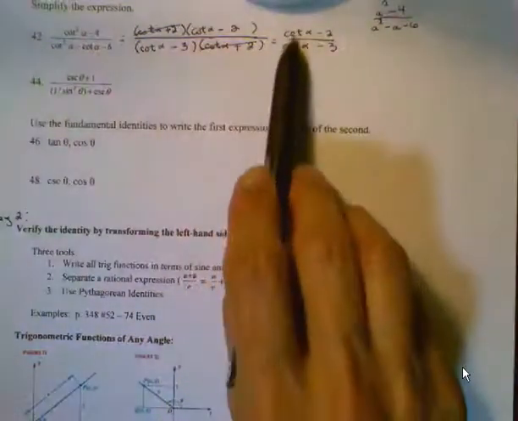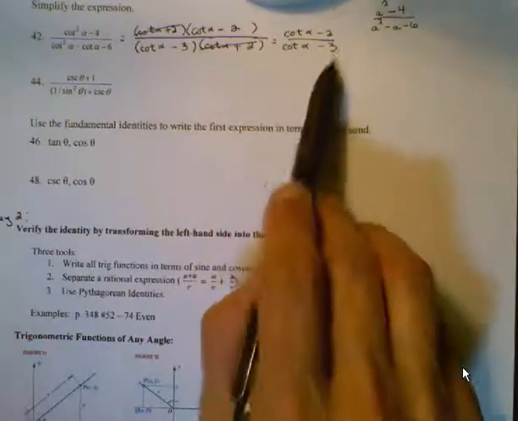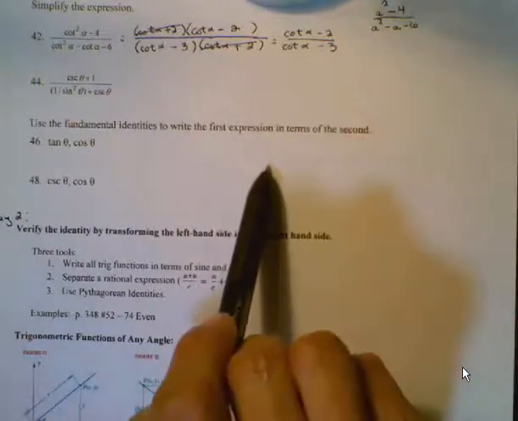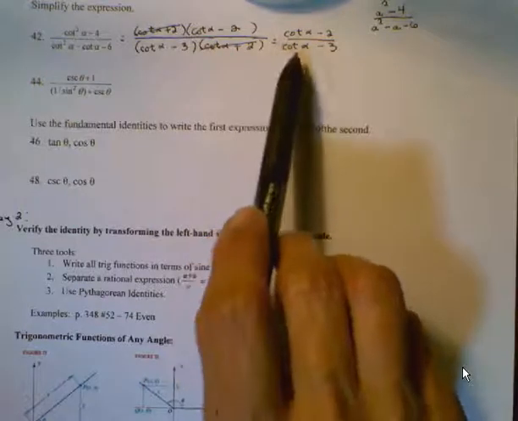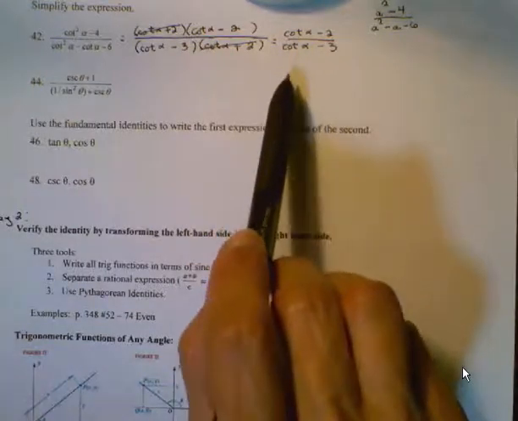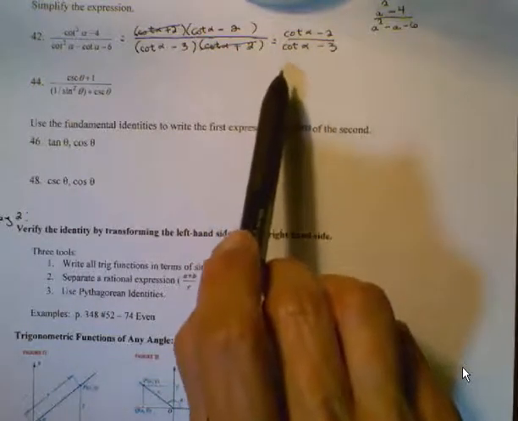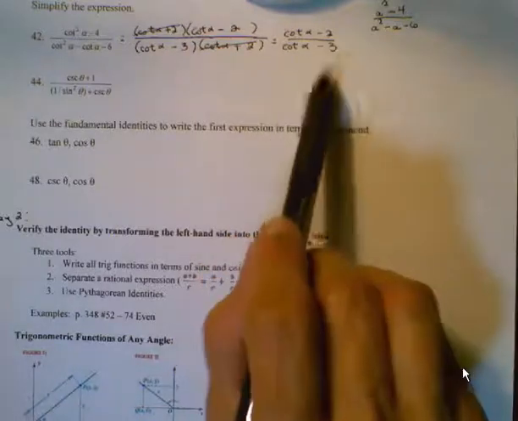Now, would it be legal to cancel the cotangents and just say that's 2/3? It's not legal to cancel terms in algebra, so it's not legal to cancel terms in trigonometry. That's as far as that expression can be simplified.